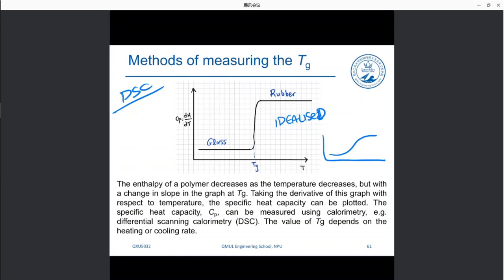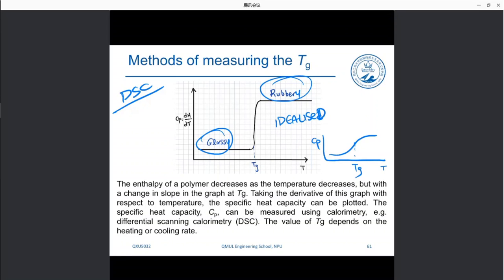Usually the glass transition looks like that for Cp over temperature. It is a region, let's say, of temperatures, and obviously before the glass transition we have a glassy behavior, while after the glass transition we have a rubbery behavior of our material.